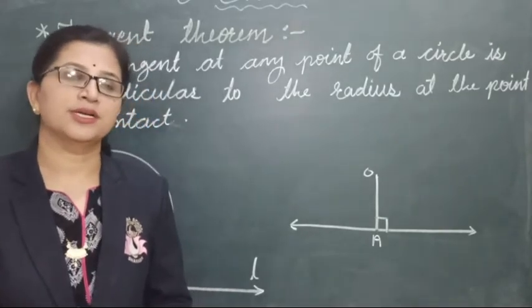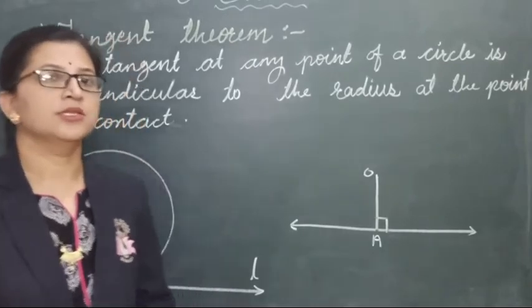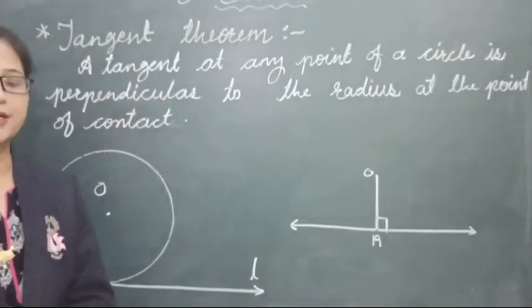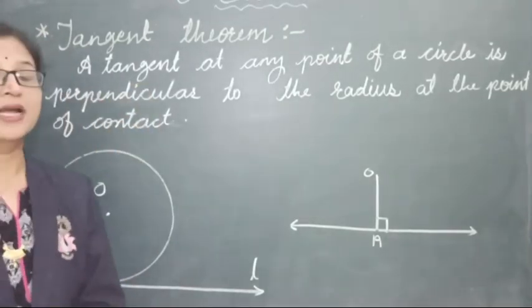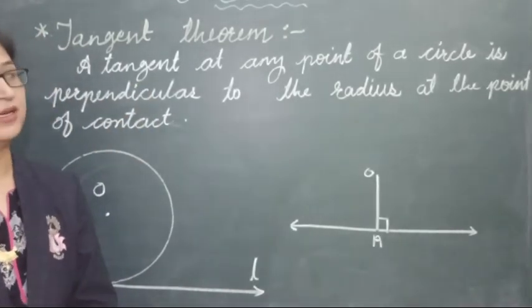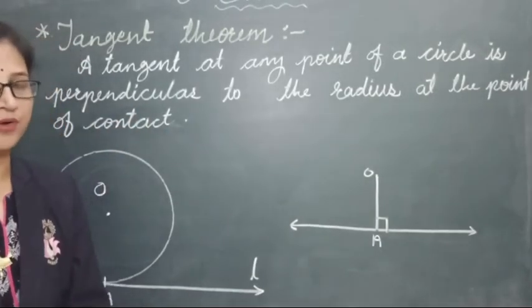Now we are going to study some properties and theorems related to the tangent. Our first theorem is the tangent theorem. The statement of this theorem is: a tangent at any point of a circle is perpendicular to the radius at the point of contact.